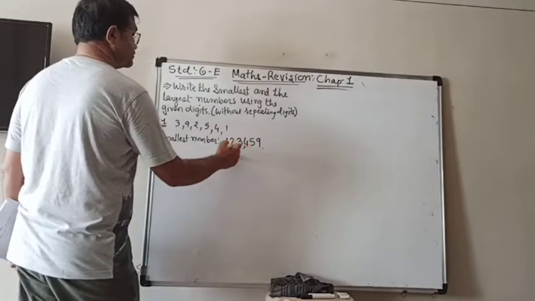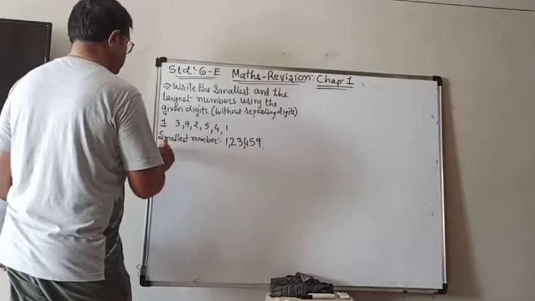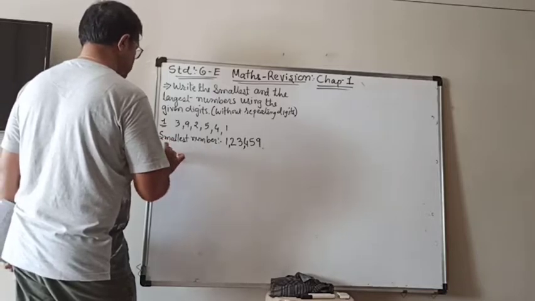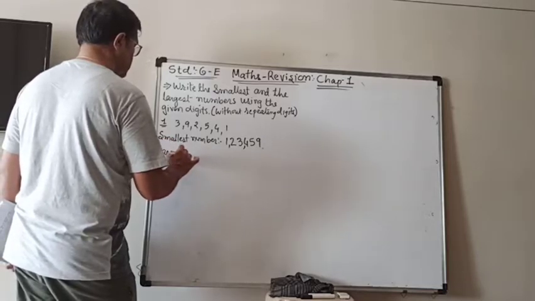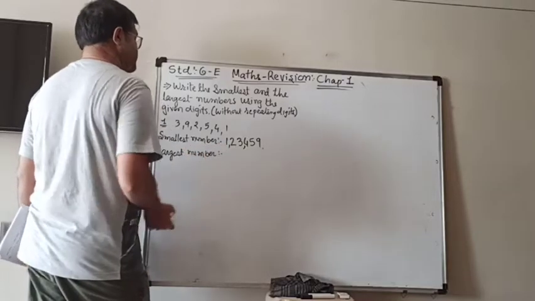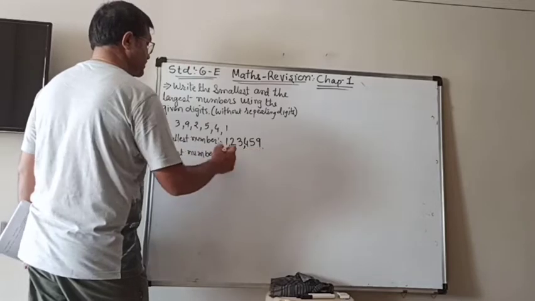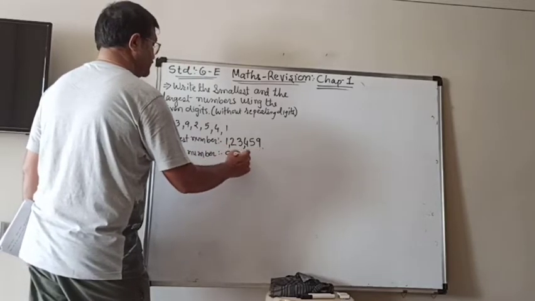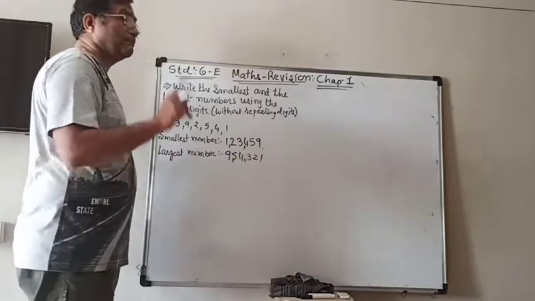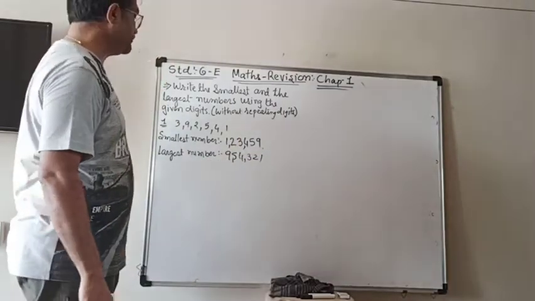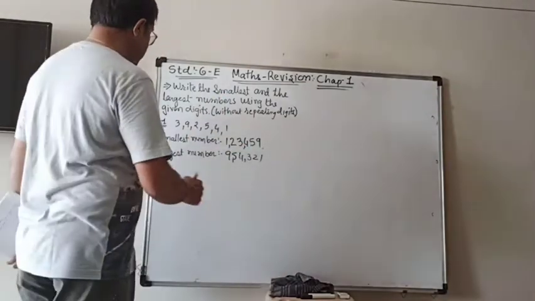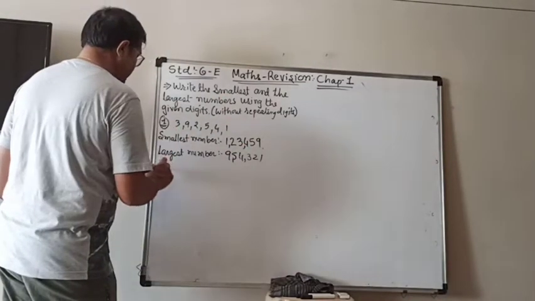And the greatest or largest number will be the reverse: 9, 5, 4, 3, 2, 1. But be careful when one of the digits is given as 0. We will take one example like that also.